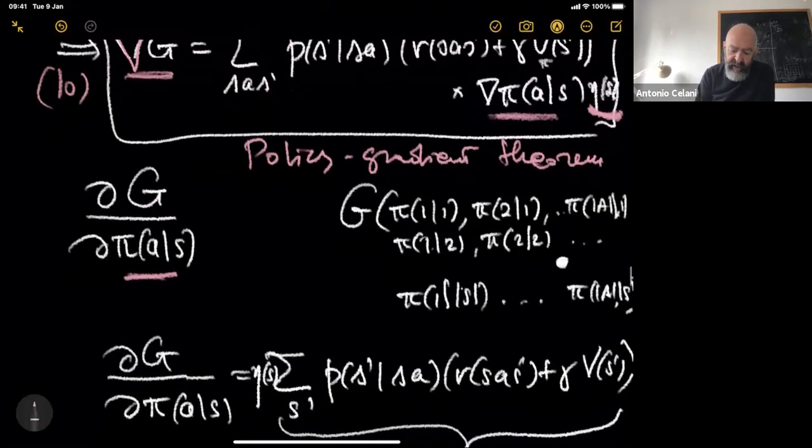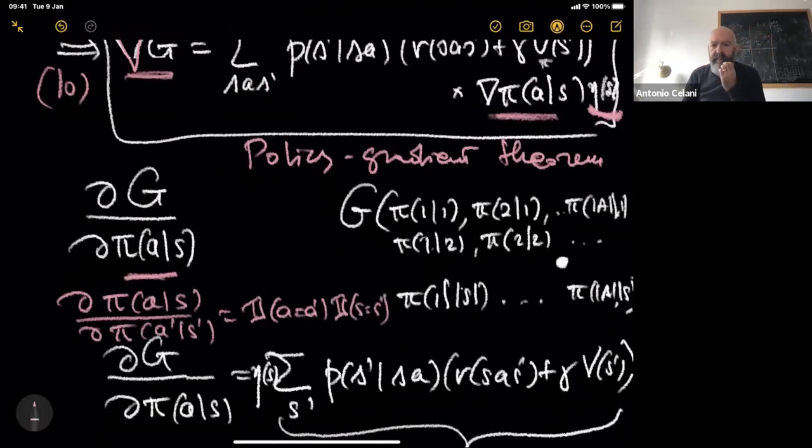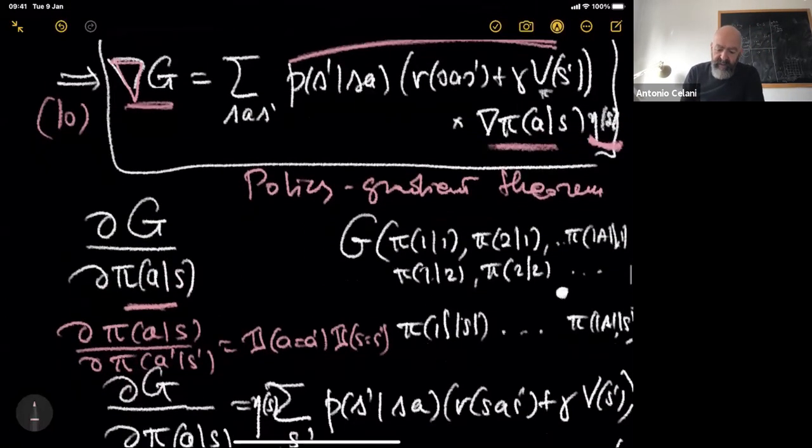Then the derivative of pi(A,S) with respect to any pi(A',S') is just 1 if these are equal and 0 otherwise. So this means that I can basically kill the sums over S and A here if I take the derivatives with respect to the policy components.